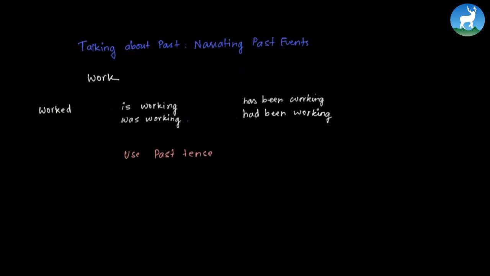First of all, when we are talking about an event that happened at a particular time in the past, we use simple past tense, which is this form. So simple past tense is used when we are talking about an event that happened at a particular time in the past.